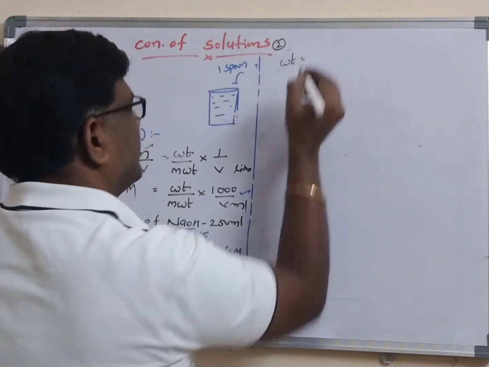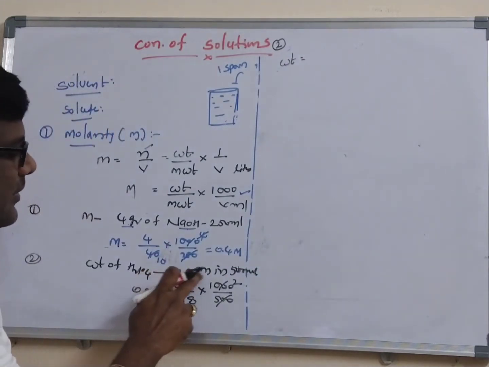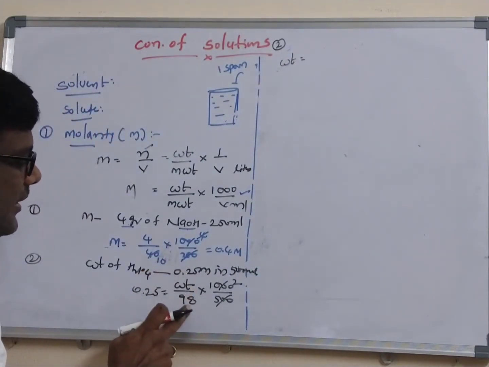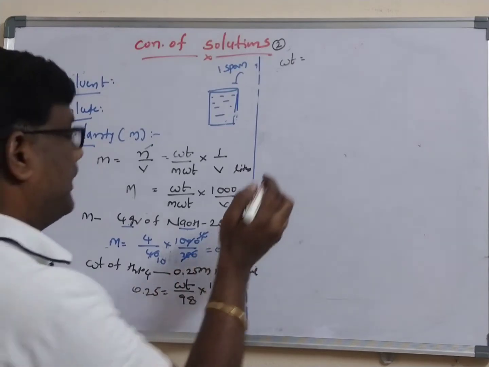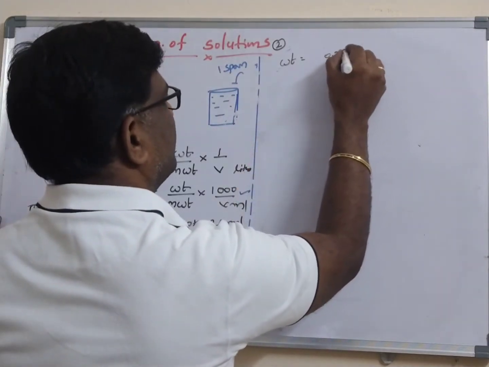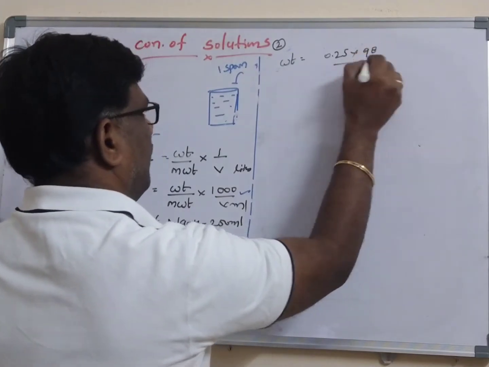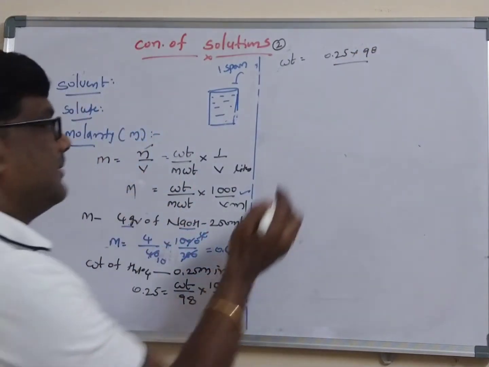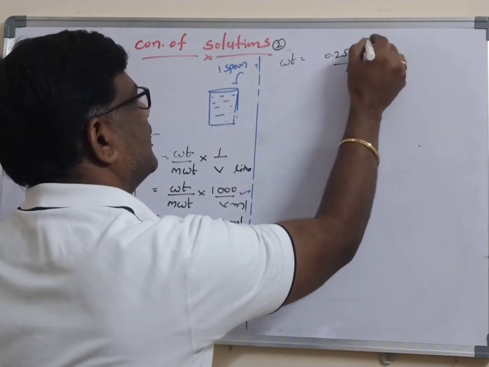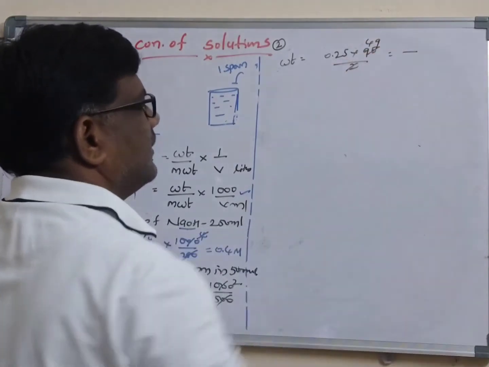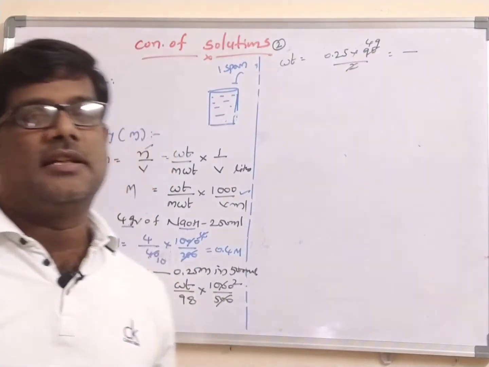Ultimately, weight of the substance required to prepare 0.25 M is equal to 0.25 into 98 into 500 divided by 1000, which is 98 divided by 2, so 2 fours are 8, 2 ones are 2, 49. Just multiply this and you will get the weight of the substance in grams.